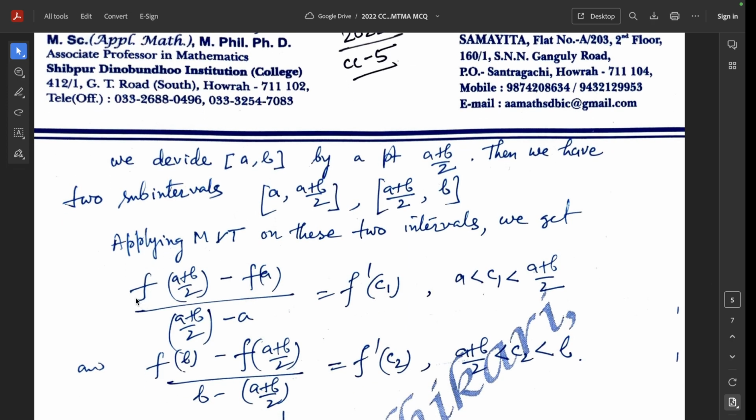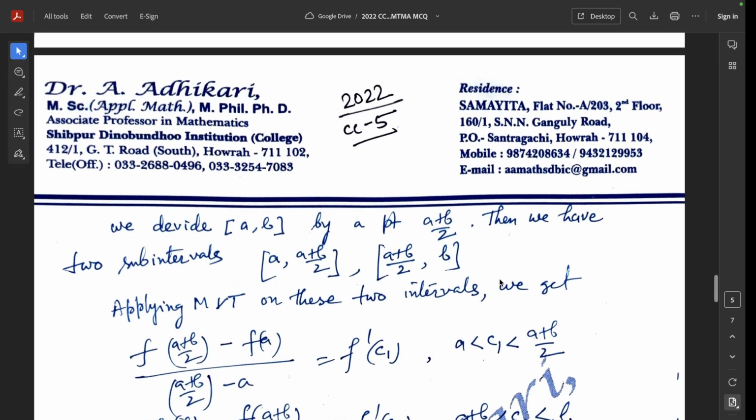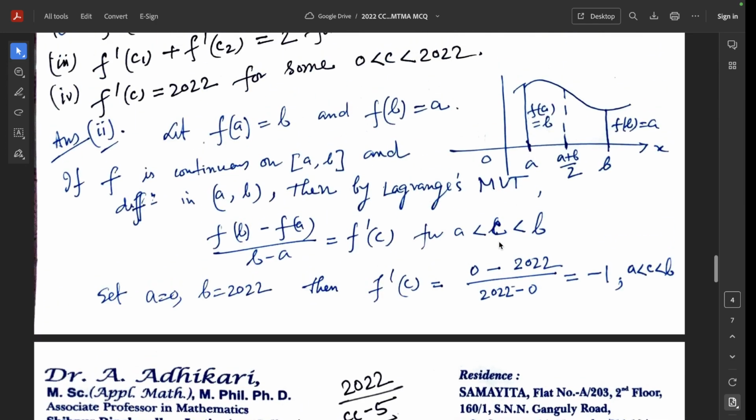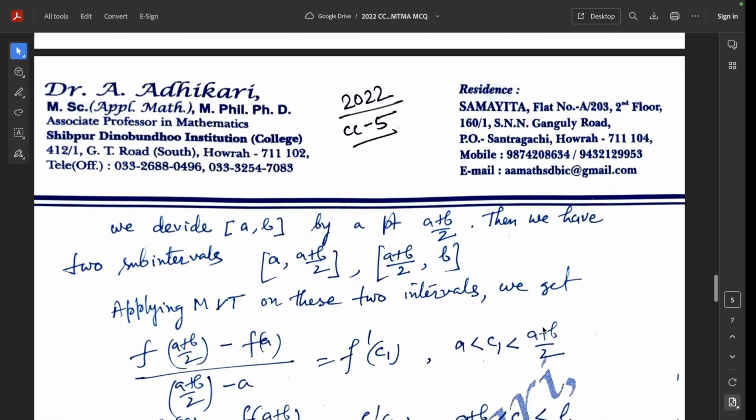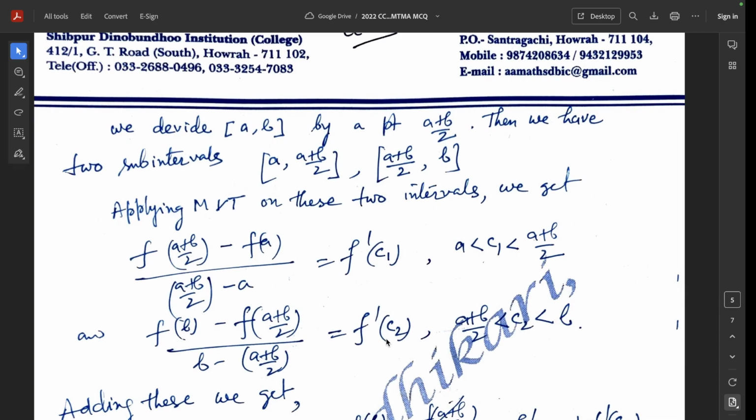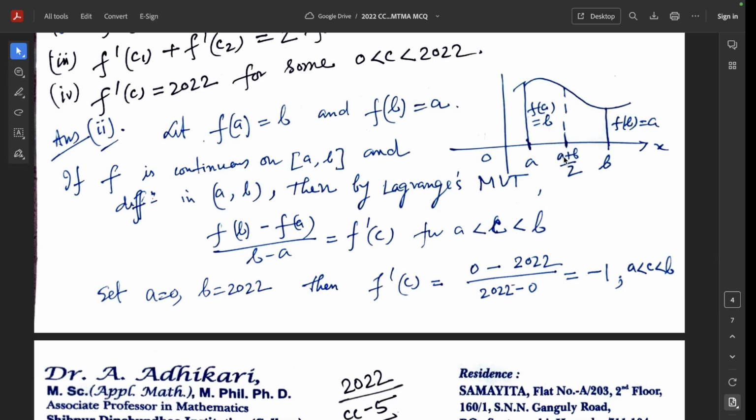So we get f((a plus b) by 2) minus f(a), divided by (a plus b) by 2 minus a, equal to f dash c1. This c1 lies in the first subinterval, a and (a plus b) by 2. This is the c1 in this point. And similarly, for the point c2 within the second subinterval, this is (a plus b) by 2 and b, within this subinterval.